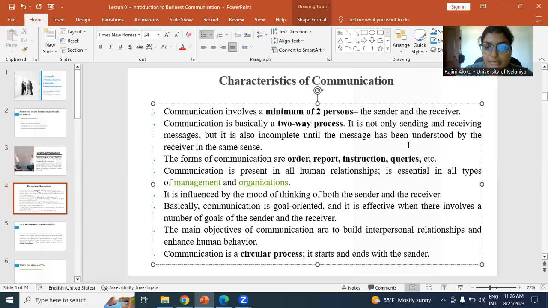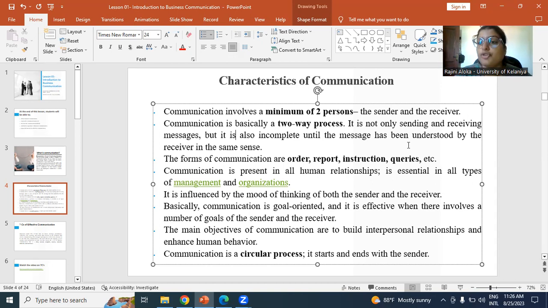Communication is present in all human relationships and is essential in all types of management and organizations. So why do we learn about communication in the business setting? Because it is one of the essential parts of management and organizations.